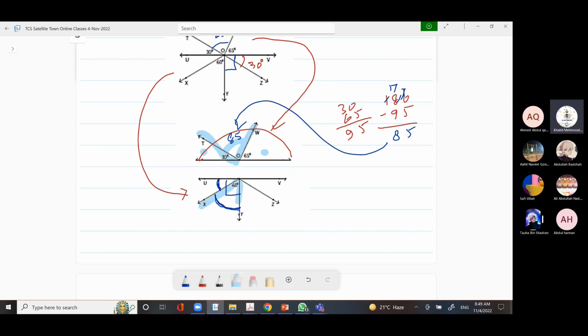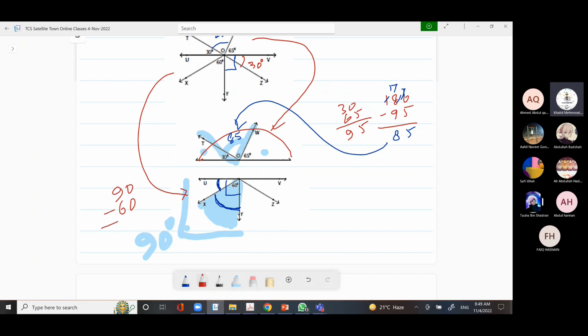This one you see here is 60 degrees, and what is the rest to make it 90 degrees, because the total of this angle is 90 degrees. So what we can do is 90 minus 60, as we do for supplementary angles, we'll do for 90 degrees as well. So how much is that then?